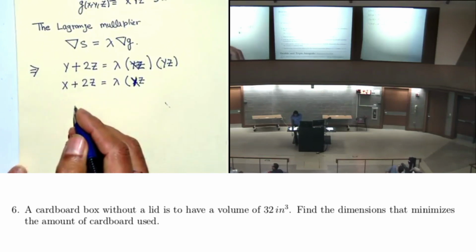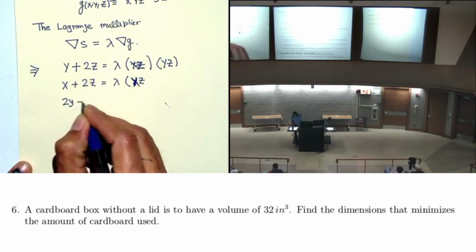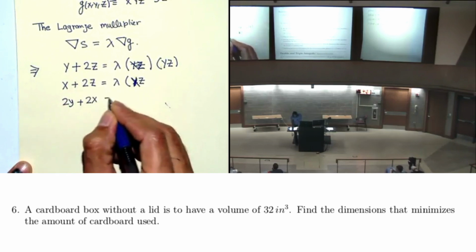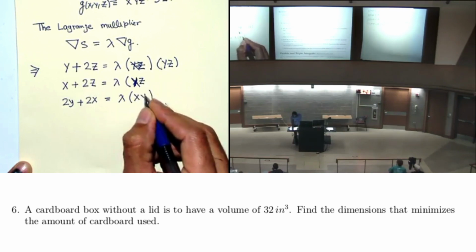The last: the partial derivative with respect to z is 2y plus 2x, equal to lambda times xy.